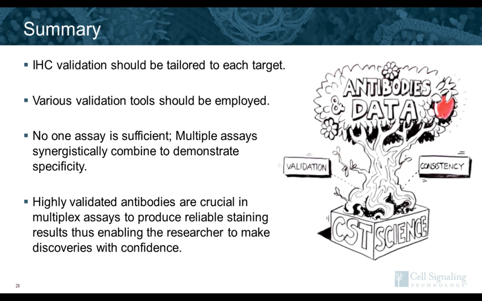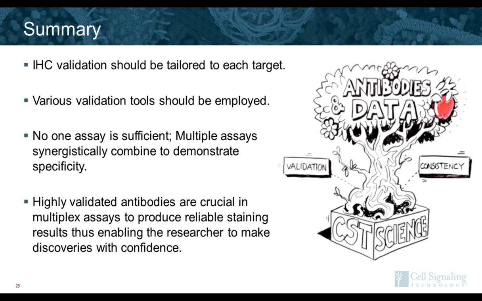Thanks, Bill. Can I use the same primary antibody dilution with chromogenic and fluorescent detection reagents? And Chris, this might be for you. I'm sorry, what was that? No problem. Can I use the same primary antibody dilution with chromogenic and fluorescent detection reagents? Oh, right.